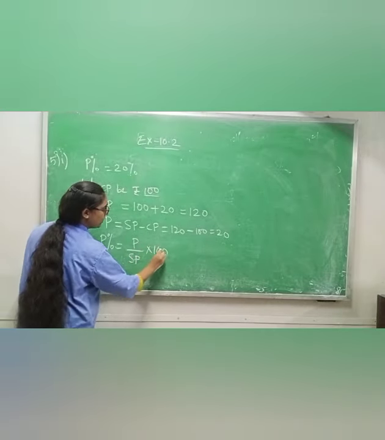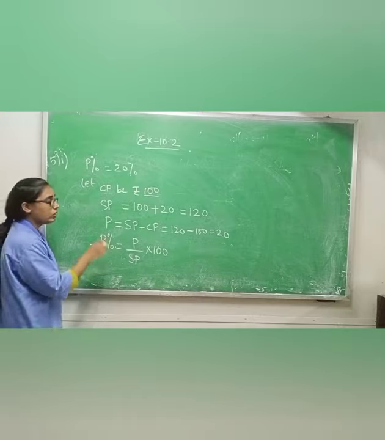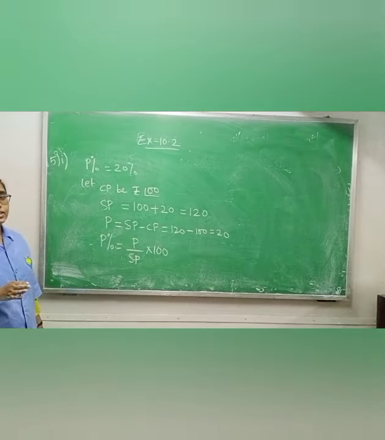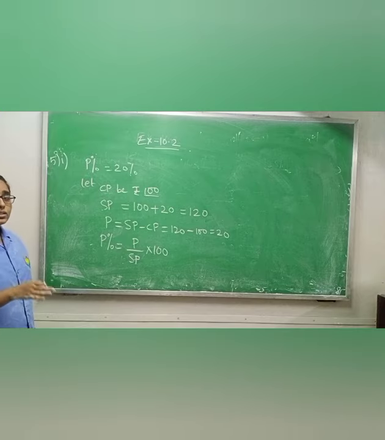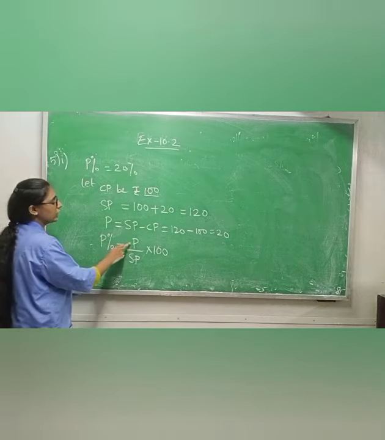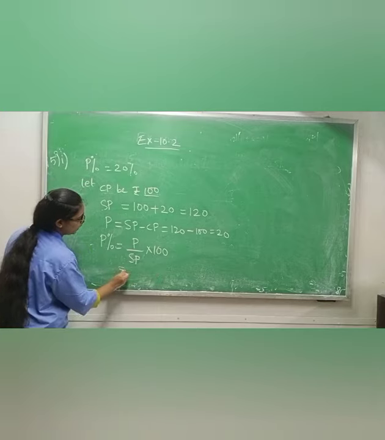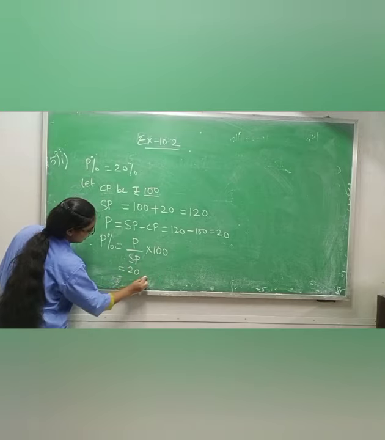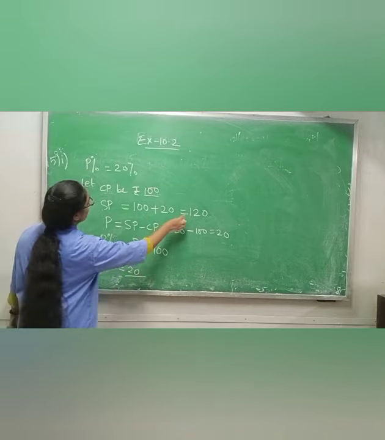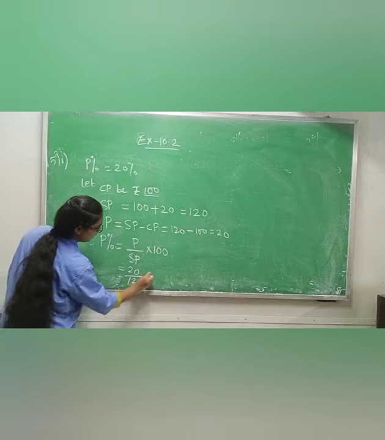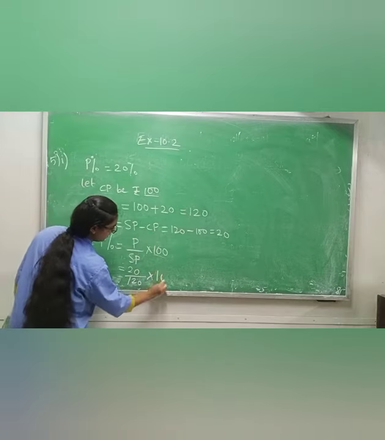If it is not mentioned, then you will use cost price, because we know that the actual formula is P by CP into 100. But when they ask you to find the profit percentage on selling price, you will write P by SP into 100. What is profit? Profit is 20. SP is how much? SP is 120, into 100.